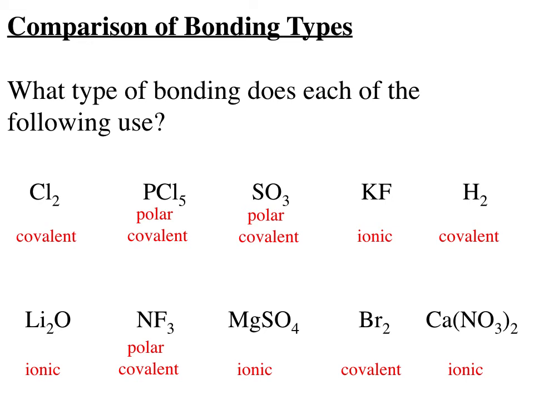Then we have SO3, which is again a polar covalent combination, because the S and the O are elements near each other in the periodic table. Now, before we move on from that one, many of you might be thinking that this is ionic because it is sulfite.